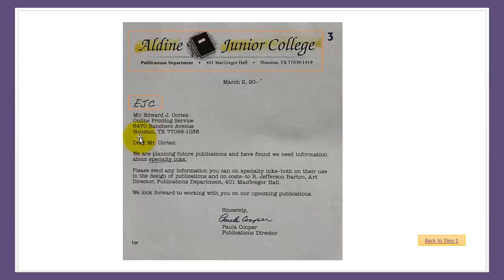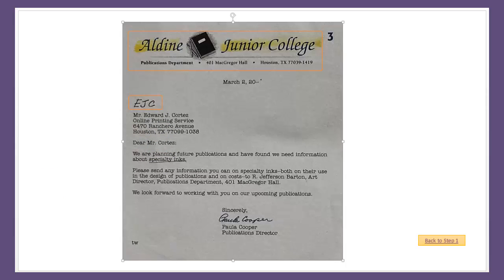This is an example of incoming correspondence because the letterhead says something other than Online Printing Services. It also has the initials of Edward Cortez, who is the recipient of this correspondence. He read it and then he put his initials, which basically tells us to file it.